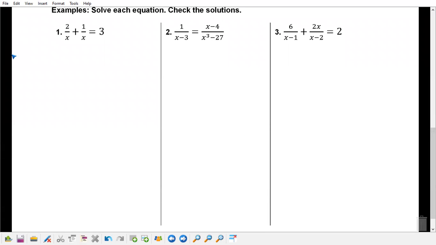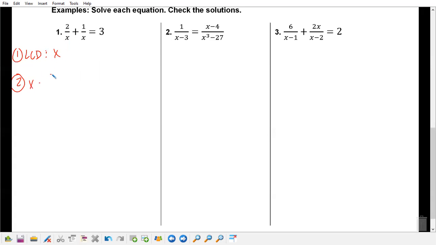Okay, we're going to look at a couple more examples. So here we have 2 over x plus 1 over x equals 3. For 2 over x plus 1 over x, the LCD is x. Agreed? So step 2 is to multiply each term by the LCD.